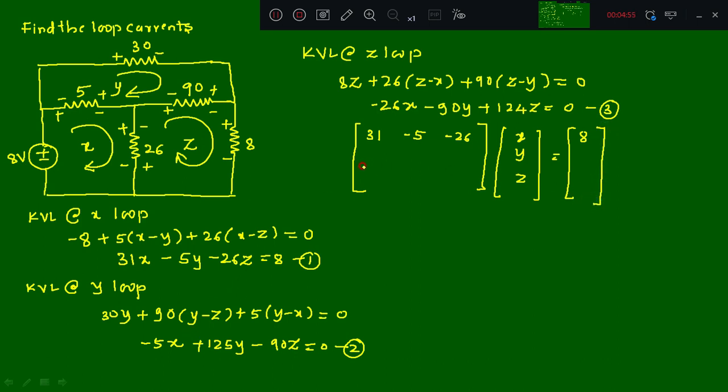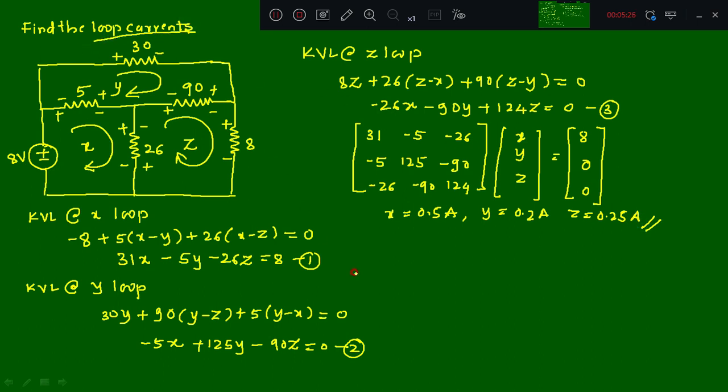The second equation, minus 5, 125, minus 90, the constant is 0 here. The third equation, minus 26, minus 90, 124, constant 0. Upon simplifying, I get X value as 0.5 ampere, Y value as 0.2 ampere, then Z value as 0.25 amperes. So this is the solution, meaning these are the loop currents for the given numerical.